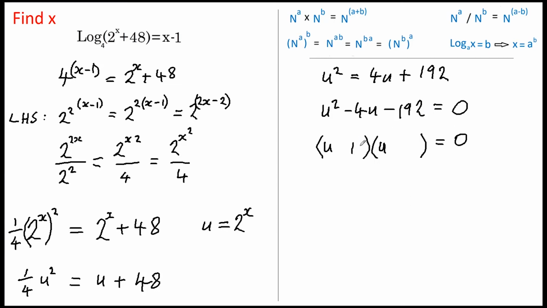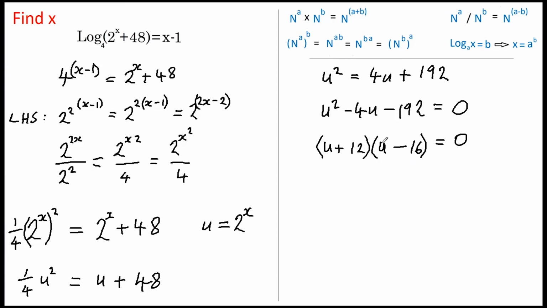So let's take 12 and 16. Let's just double check that. Yep, that equals 192. And we need a negative here and a negative here as well. So that has got to be negative, and that has got to be positive.